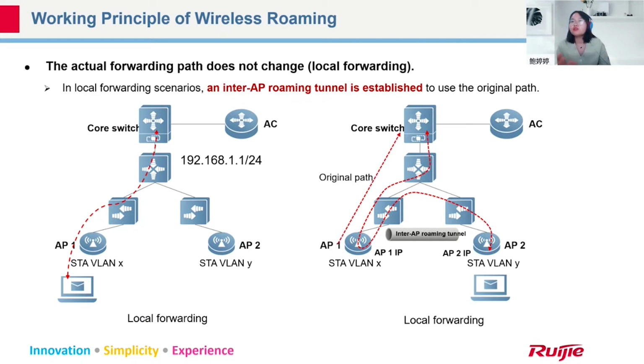Compared with the original path, of course, the roaming path will be longer, so we will take more time to forward the message out. But finally, the message will not be discarded. This is local forwarding. It's very easy because we do not need the AC to help us forward the traffic.